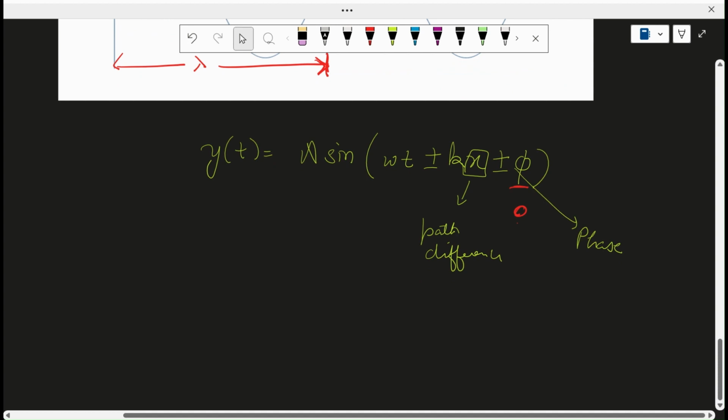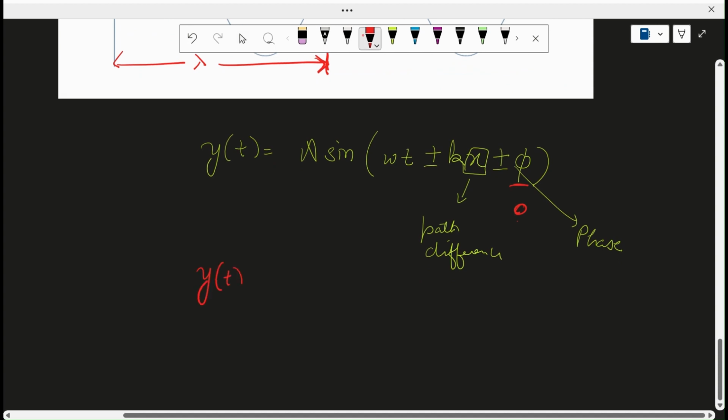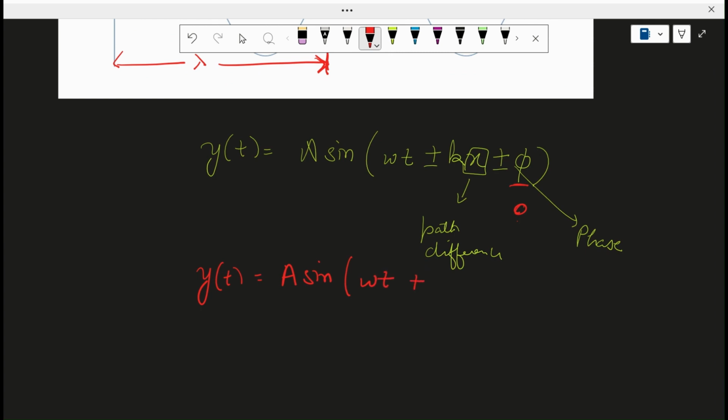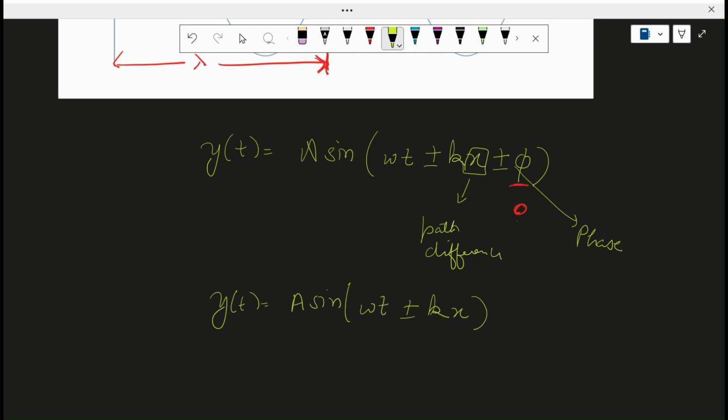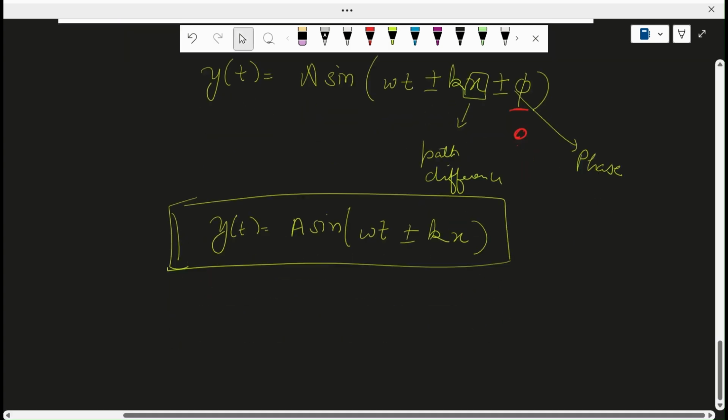So we can again write for a sine wave, sine omega t plus minus kx. So this is the sinusoidal wave for the sine function.